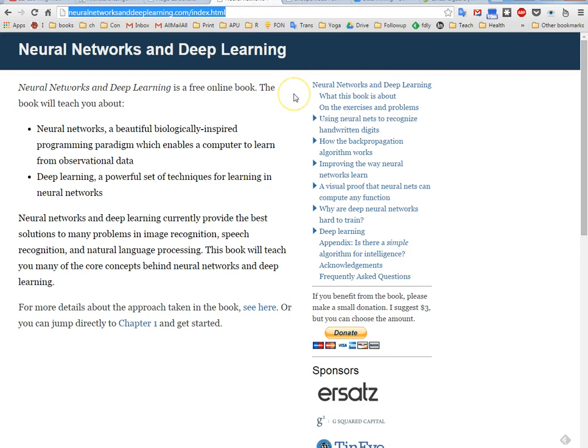This is a great online book on neural networks. I think he assumes some linear algebra, not much. This is much easier than the previous one, but very good also.